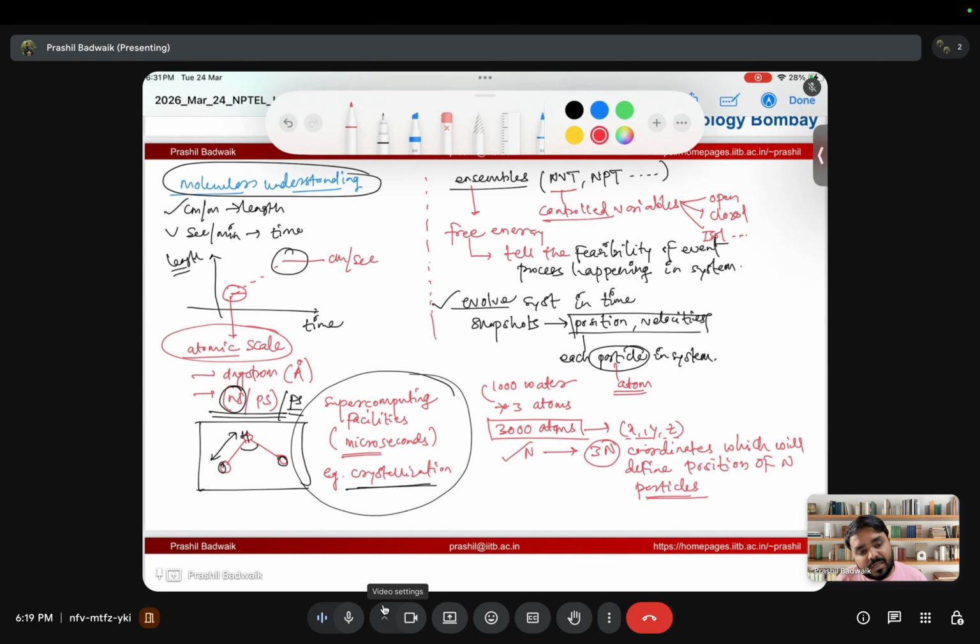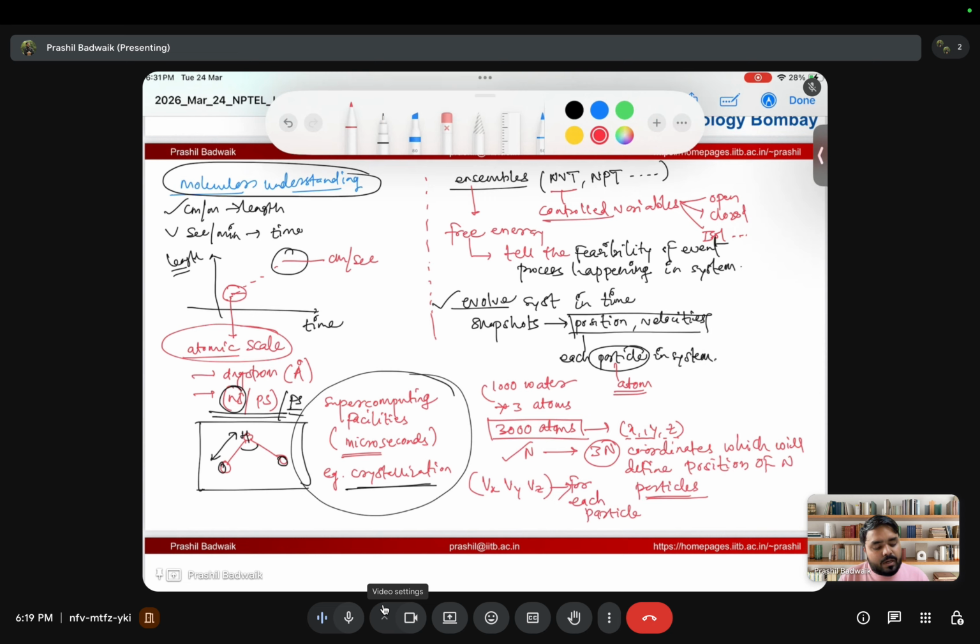For these n particles there will be velocities which have components in x, y and z, because velocity is also a vector along with the position, right? So there will be three velocities, vx, vy, vz, for each particle.